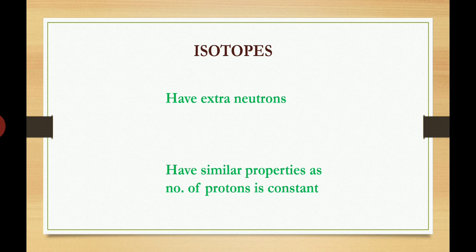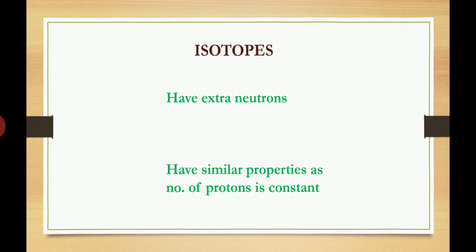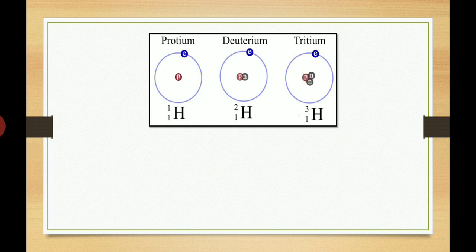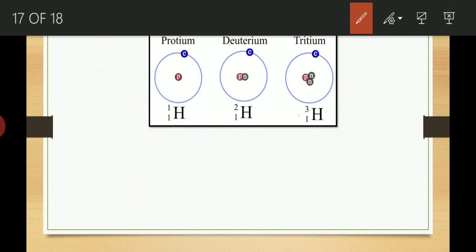Let's see an example. These are the isotopes of hydrogen. First is the normal hydrogen, which is known as protium. Just the normal hydrogen. The normal proton is present, that is 1, and only 1 neutron is present. Clear?